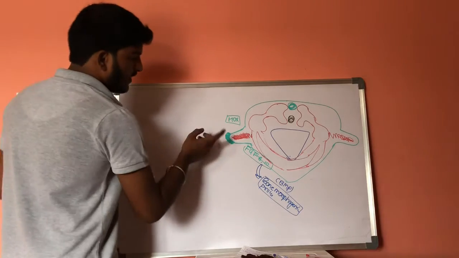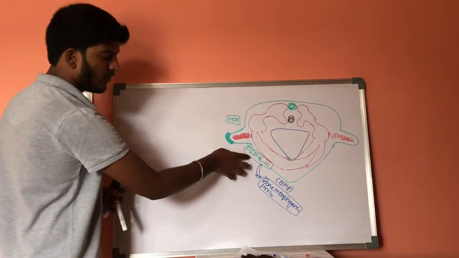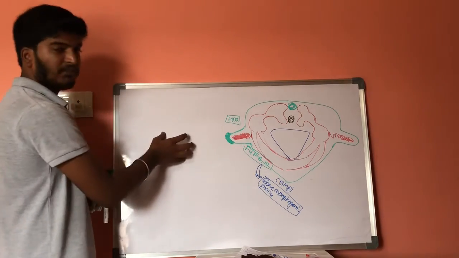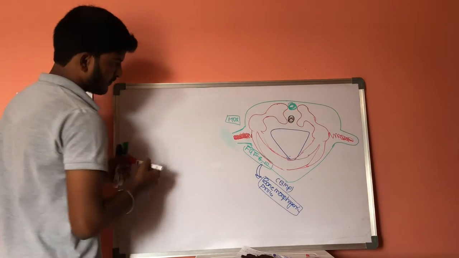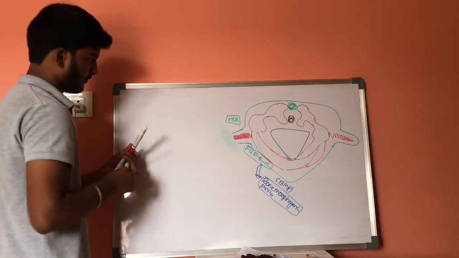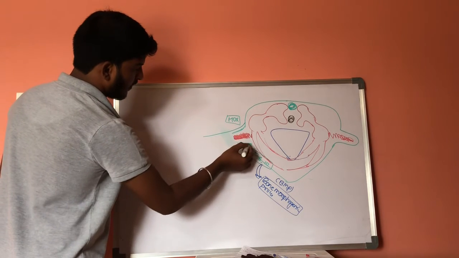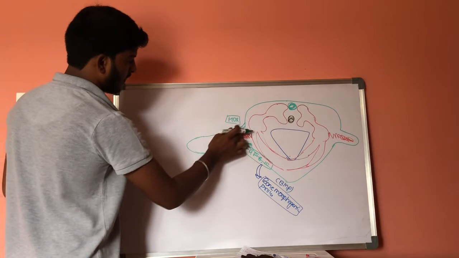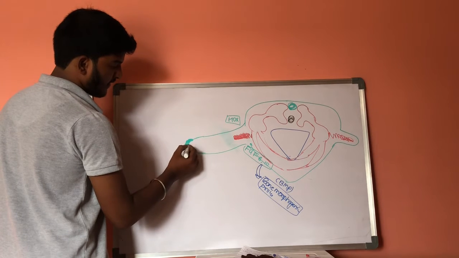Now with the help of fibroblast growth factor 8 and 10, they will be involved in the growth of this special structure. Here it has started growing in this manner.